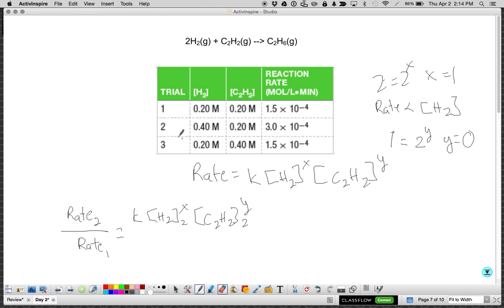Now you might be asking me, why am I putting rate 2 on top? Always put the bigger rate on top. Some of us are pretty good with fractions, but for a lot of people, I think it's easier to see that 2 squared is 4.